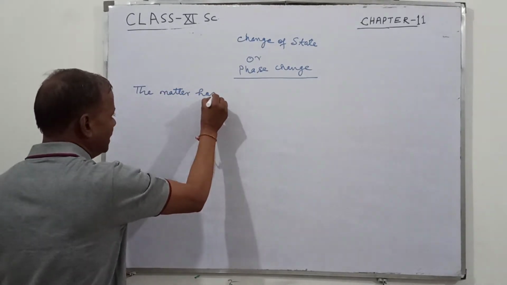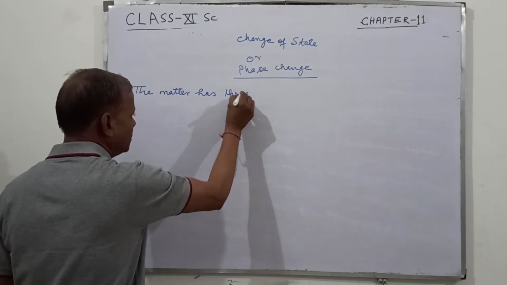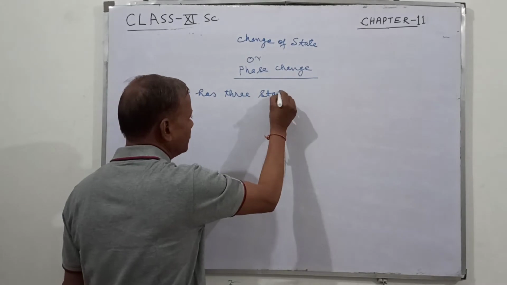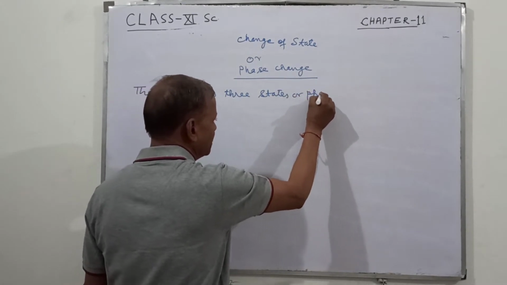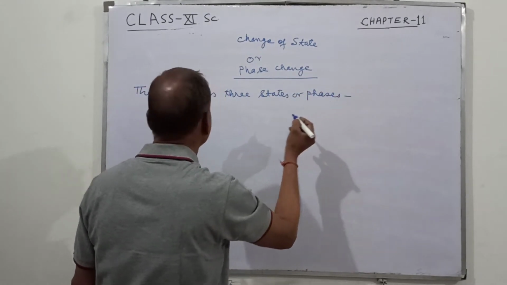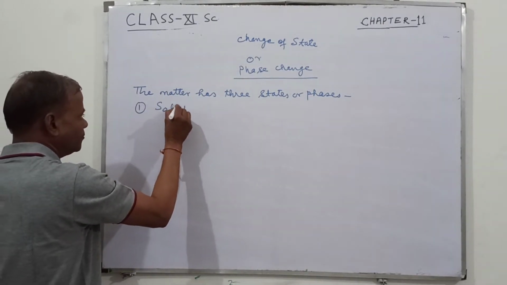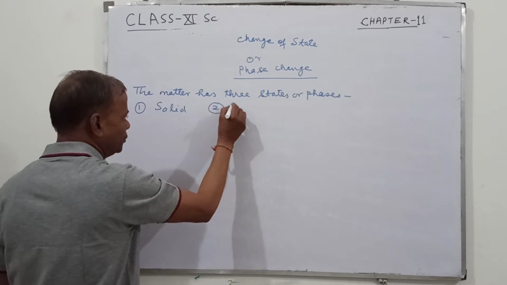The matter has three states or phases. Number one, solid. Number two, liquid.